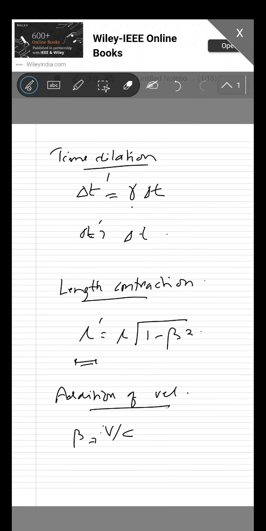That means velocity with respect to the speed of light. So there are two frames of references, that means 1 and 2, having velocities v1 and v2. So correspondingly they will have beta as beta 1 and beta 2. So the total beta, if they are moving with respect to one another, is equal to beta 1 plus beta 2 divided by 1 plus beta 1 into beta 2.